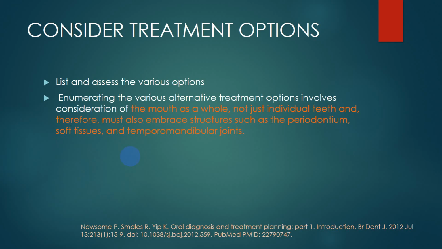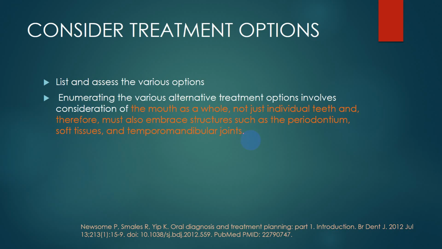Now, for treatment options, suppose we have a fractured tooth. We need to know what the various options of treatment are. We can say that for that fractured tooth, I want to have a crown. But I need to consider the mouth as a whole, not as an individual tooth by itself. So I should consider the periodontium, the TMJ, the patient's oral hygiene, and the fracture line.